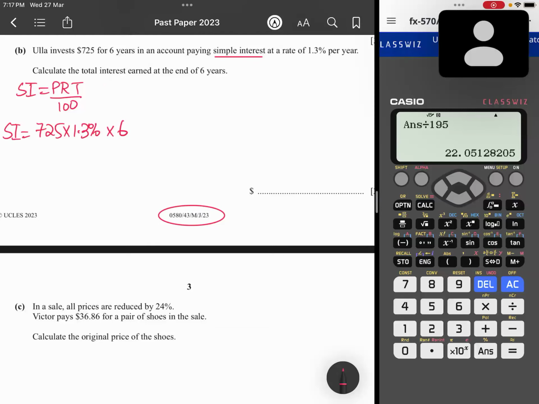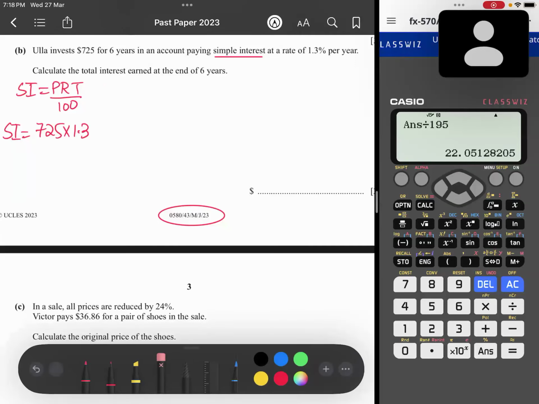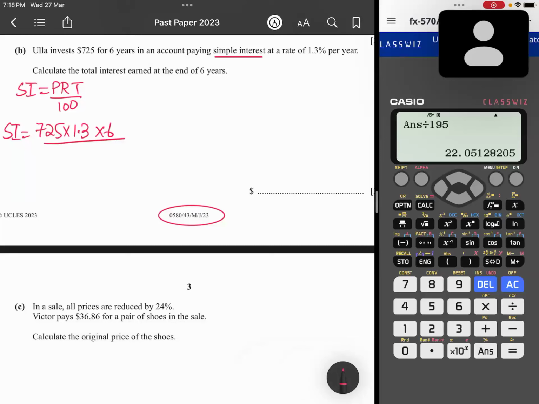I wrote the percentage symbol so that I will not divide by 100. If you are not writing the symbol of percentage, you can simply write divide by 100. That is your choice. So, the fraction 725 multiplied by 1.3 multiplied by 6 divided by 100.